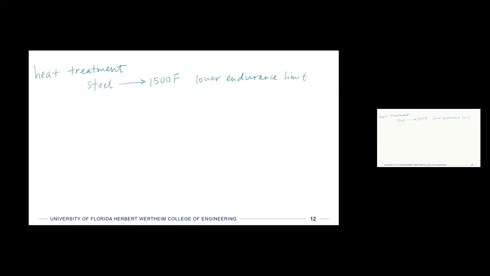So if they take it out and it's quenched when it's about 700 degrees, then it's going to have a better endurance limit, right? And that's all due to the different phases and the sizes and the concentrations that happen during these processes.